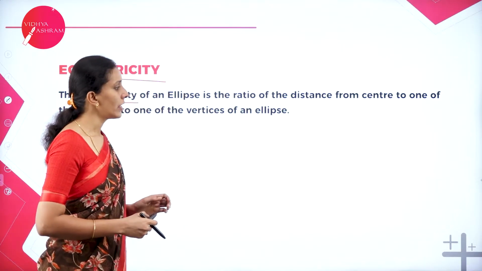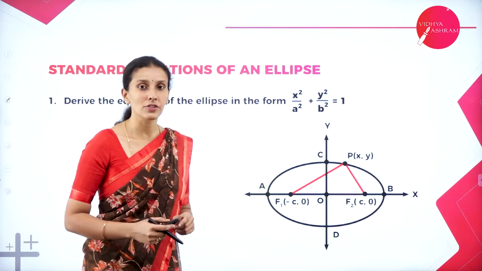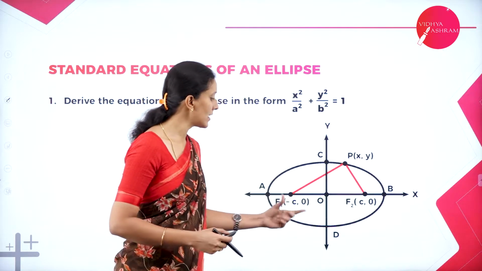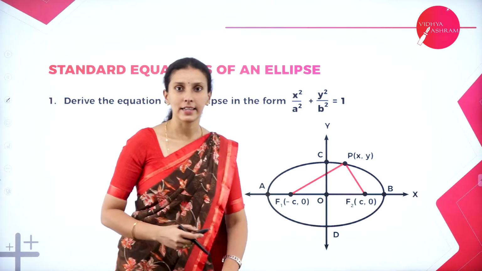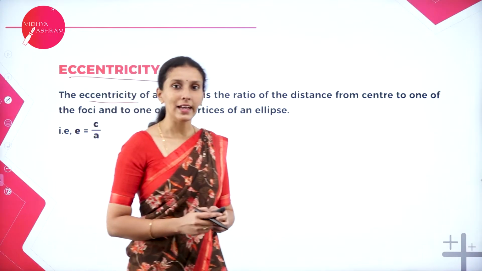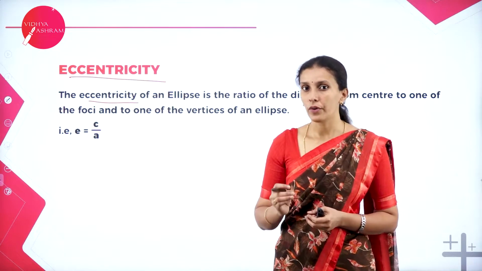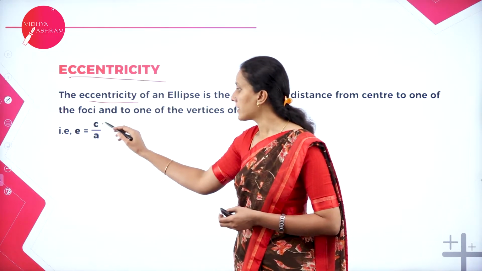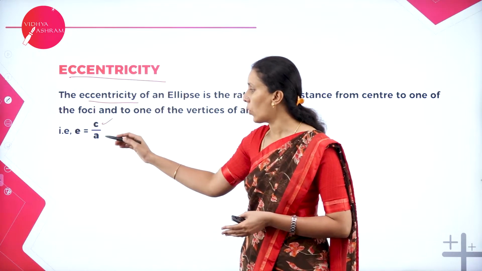So here you can consider A or C as the vertices of an ellipse because it's the major axis and it is at a distance A here, and here also it's at a distance A. So it is equal to the distance of the foci from the center, which we represent as C, and it's a ratio. Therefore, it should be in the form of C over A.